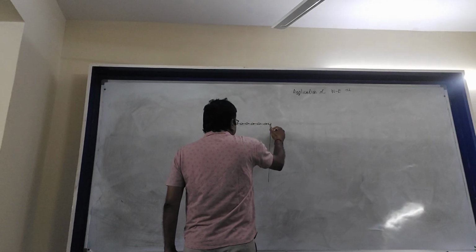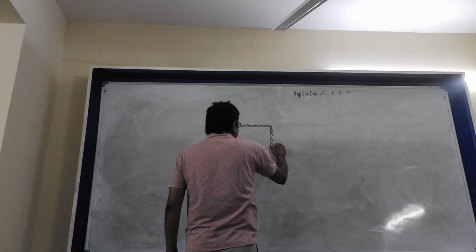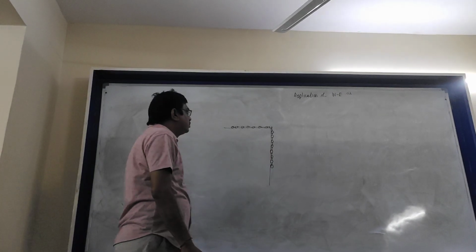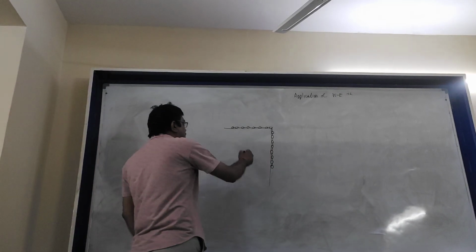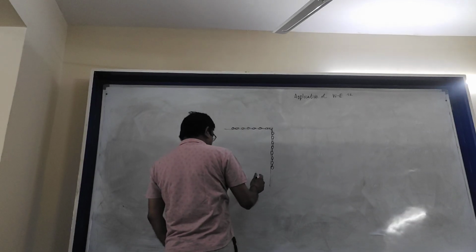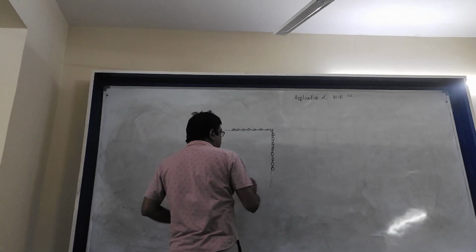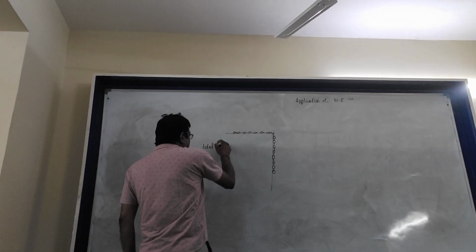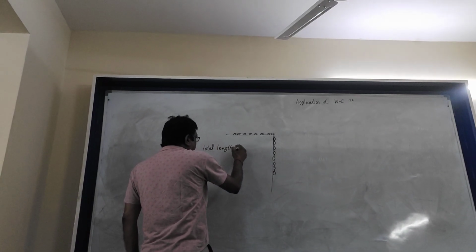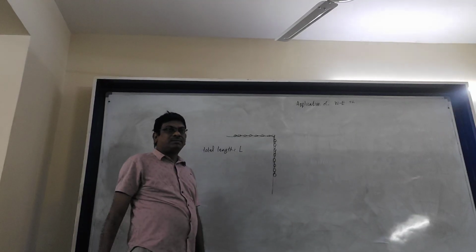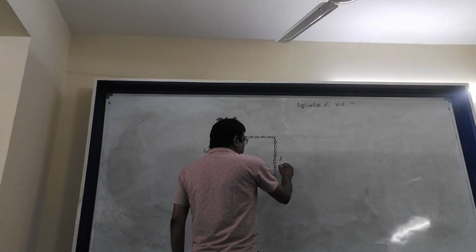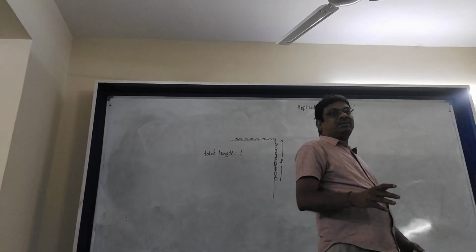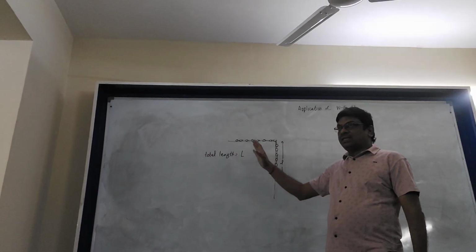Let us take a question. See here. Total length of the chain is given as capital L, okay? A length small l is already hanging from a table surface. All surfaces are smooth.